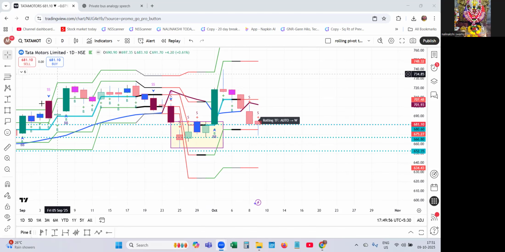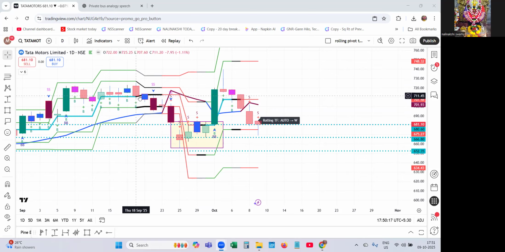Here, you can see in this example, a big bar has moved. Already it has reached its destination, and the people were sitting in, thinking the bus is going to continue, but it lost its balance. You can see the pivot here.